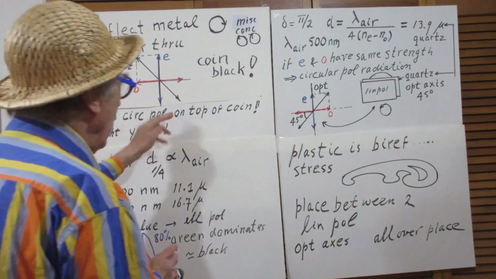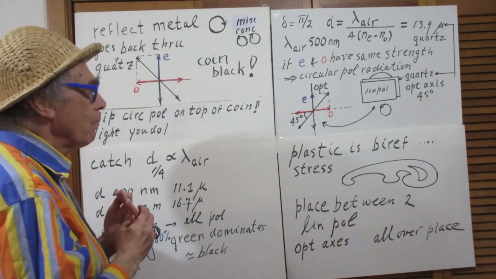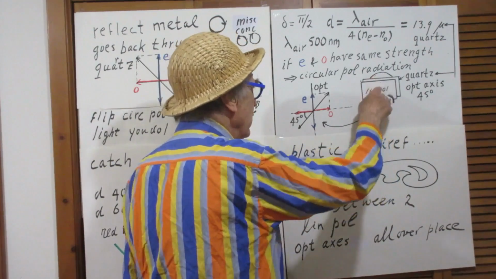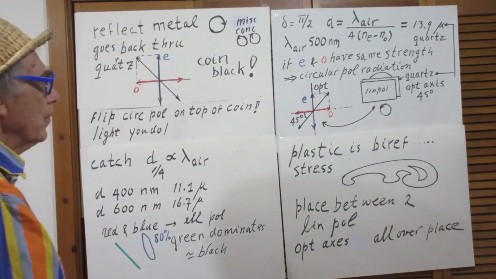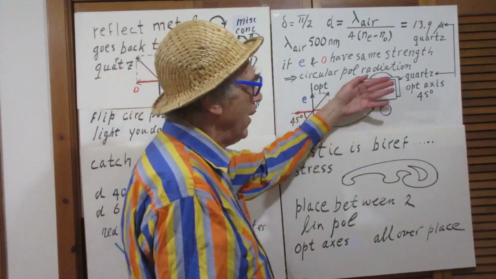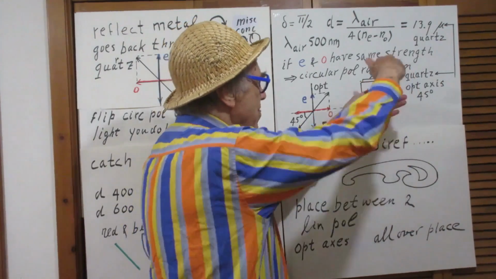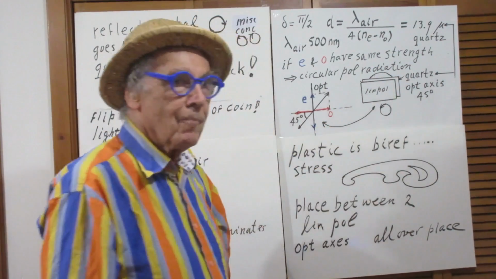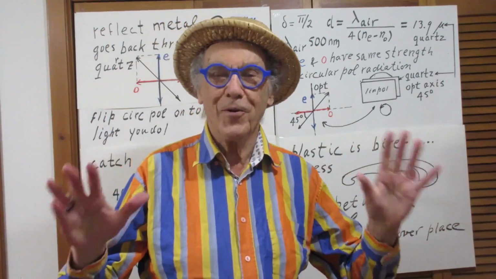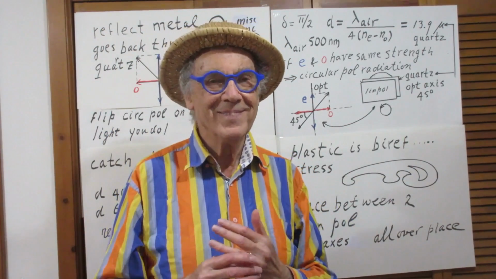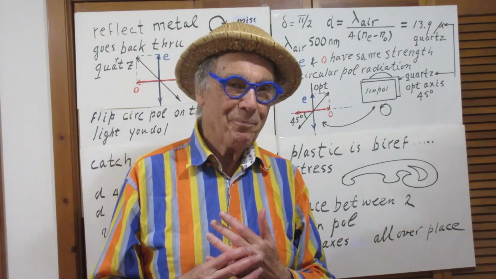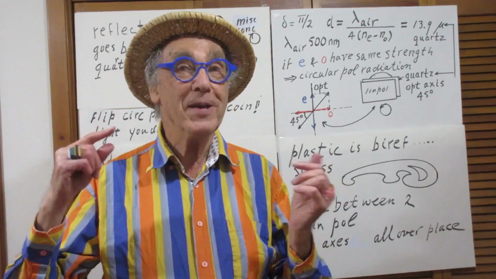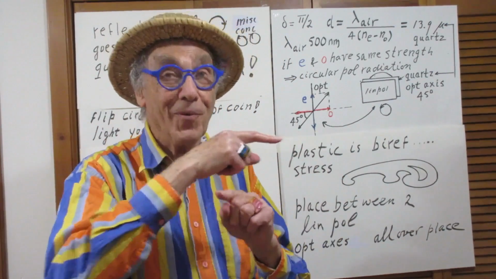Now, what I leave you with also, now we flip this over. We put the quarter wave plate first, then the linear polarizer, and then the coin. Go through it for yourself. You don't even create circular polarization when it goes onto the coin.